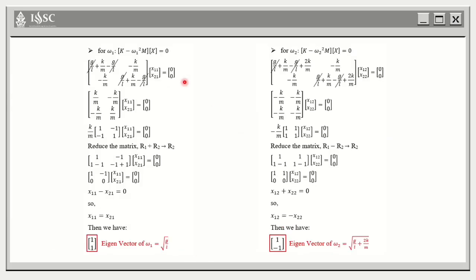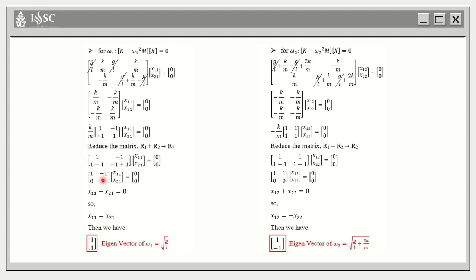Okay, next step is we will find the eigenvector for omega 1 and omega 2 using the determinant equation. Now we can input the value of omega 1 and multiply it with the matrix X. So we'll have this matrix, and then we can simplify it to have this, and then we can add row 1 R1 to the second row R2.